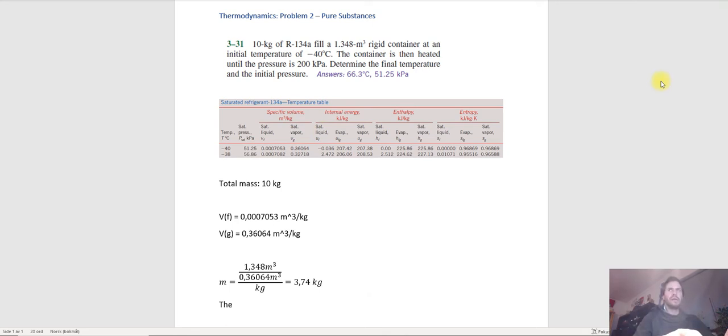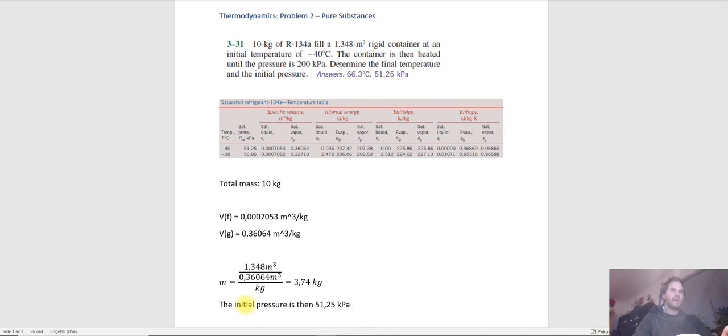I write it. The initial pressure is then 51.25 kPa.